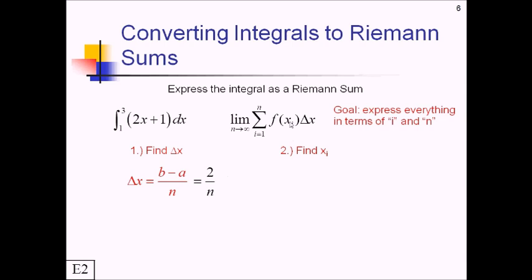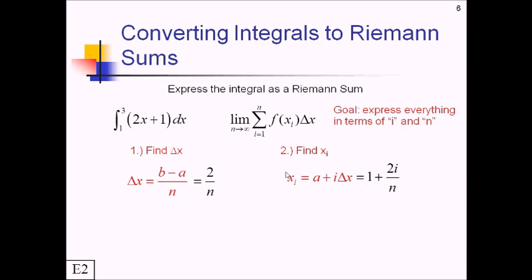But if you want to get the ith right endpoint, then instead of doing a plus just 1 delta x, you're going to have to do a plus i delta x's. We know what the a value is, that's the 1 over here. We know what delta x is, that's the 2 over n. So we can actually write this as 1 plus 2i over n.